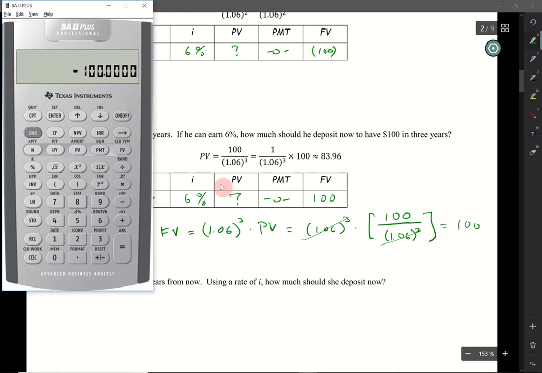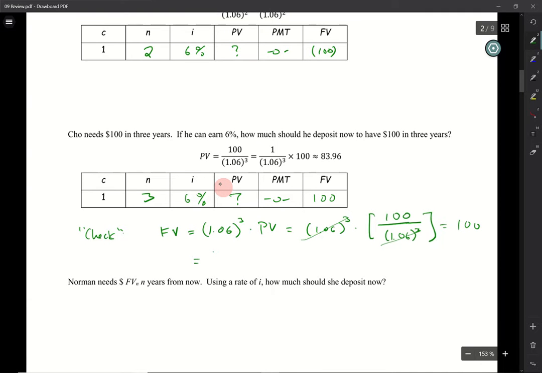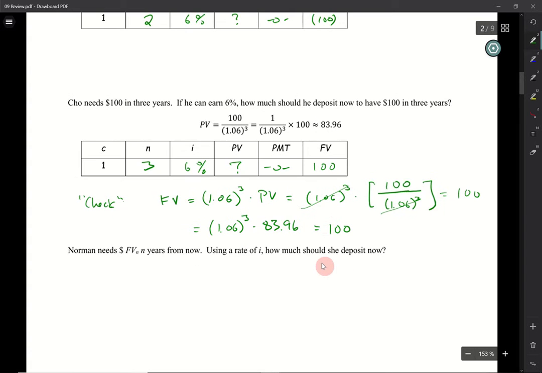So the calculation I just did was 1.06 cubed times this $83.96, and then the numerical calculation shows that it's 100, right?